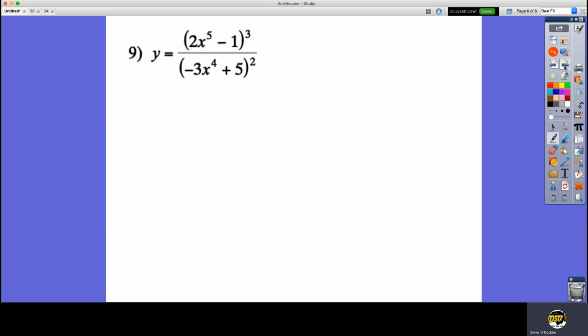All right. For this one we have quotient rule and chain rule again, right? Okay, so for this one, our A is our top, our B is our bottom. Remember the equation to find this: A prime B minus A B prime over B squared. You'll find shortcuts for this as you work through it, but I'm going to write it all out first.